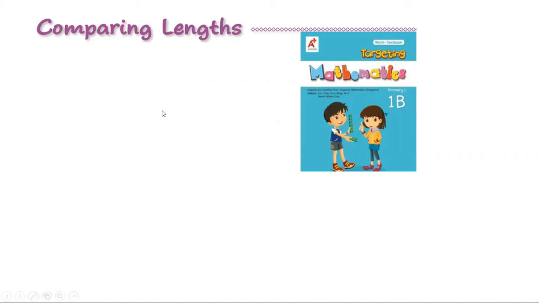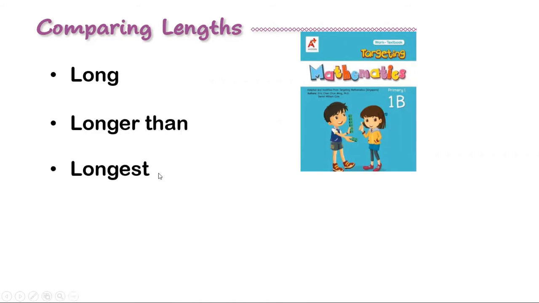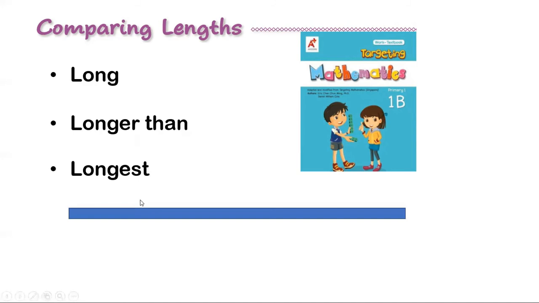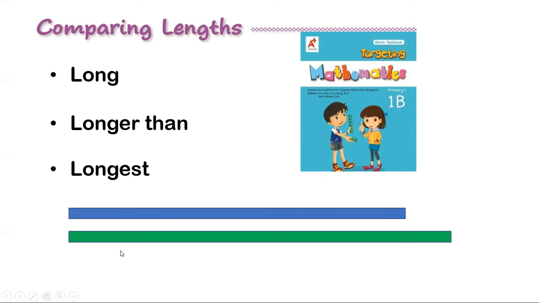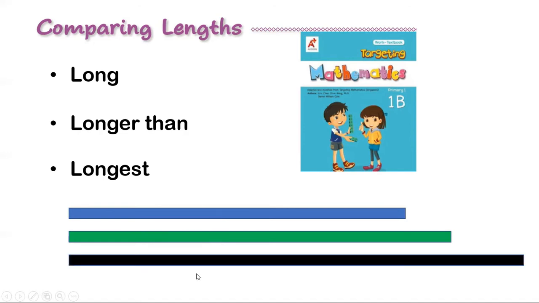For example, we have long, longer than, longest. For this case, it means that you already have something that is long. Look, this blue bar is long, but the green bar is longer than the blue bar, whereas the black bar is the longest.